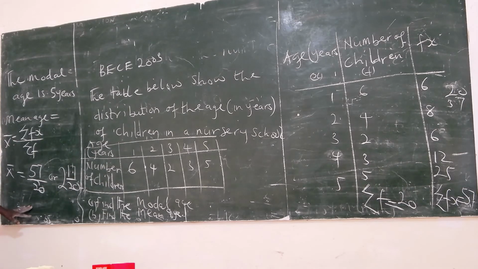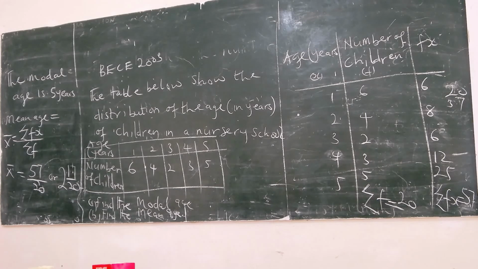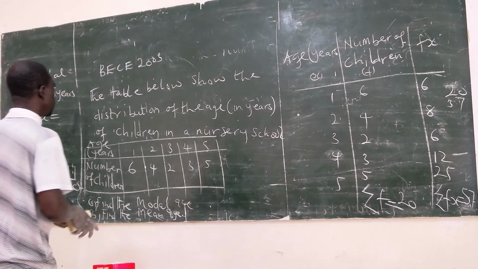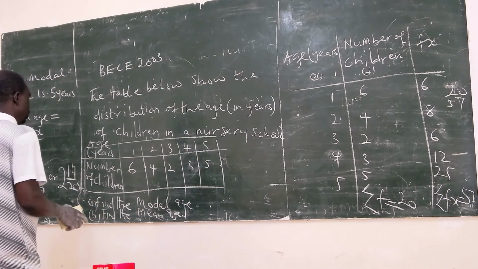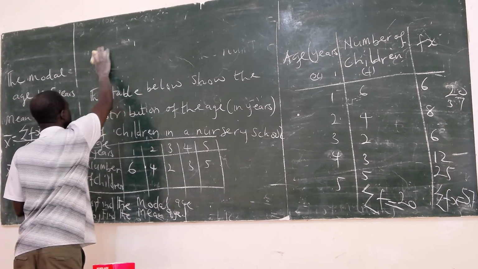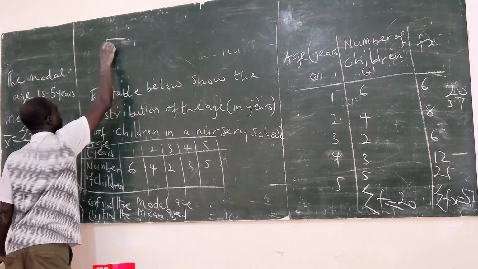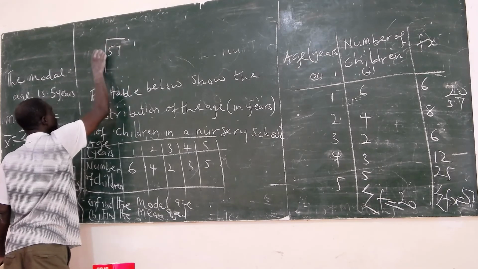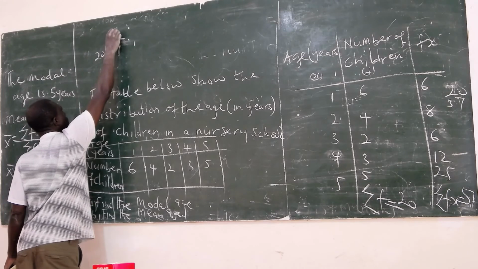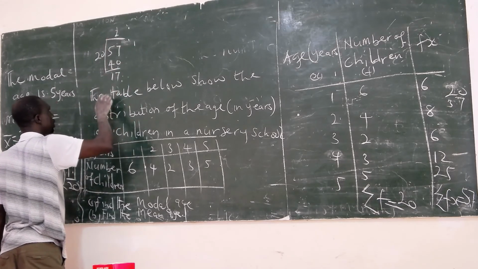Or we can change this back into a decimal fraction. To change this to a decimal fraction, you use long division. Let me use this to find the mean age. That's 57. 20 into 57 is 2, making 40, and then 17.